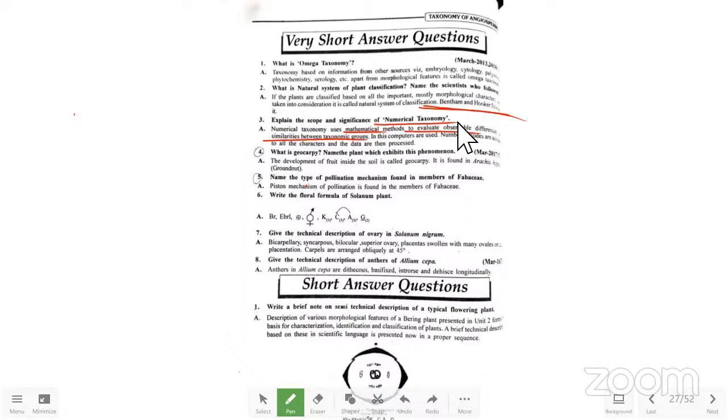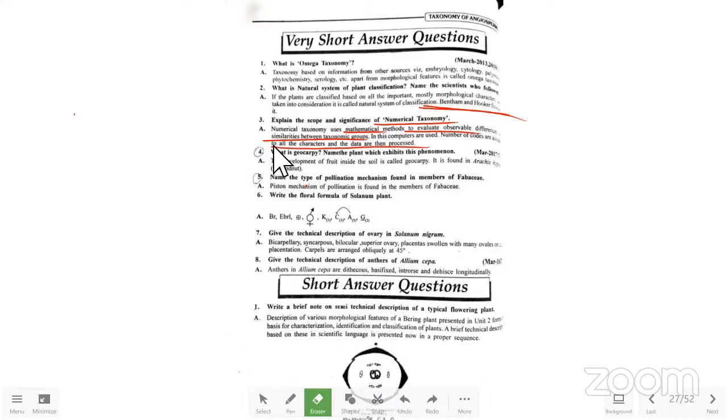When mathematical strategies are applied to find the similarities and dissimilarities between taxonomic groups, it is called numerical taxonomy. This is completely based on computers. So here we will use only computers, and a code language will also be used for feeding the data into the computer.